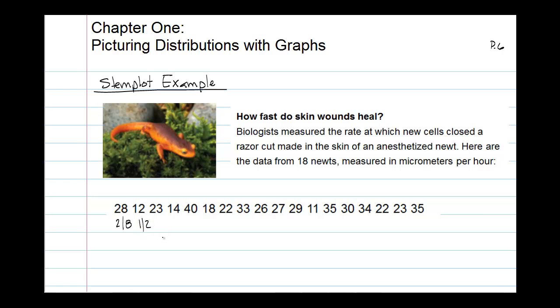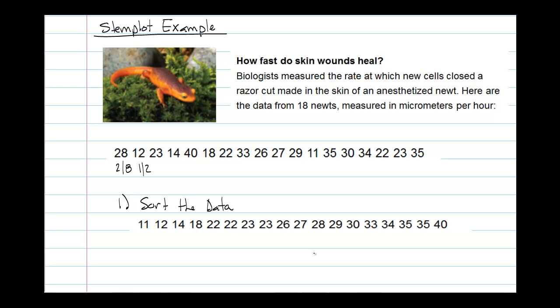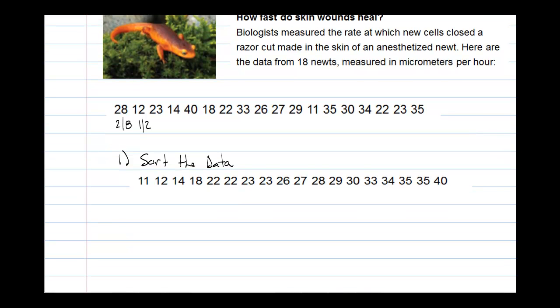Now before we get started creating a stem plot here, the first step I need to do is to sort the data. That helps me keep track because in the stem plot the data has to be in order. So let's first of all sort the data. It's usually best to sort the data in order from smallest to largest because that's how it will appear in the stem plot, or another name for stem plot is a stem and leaf plot.